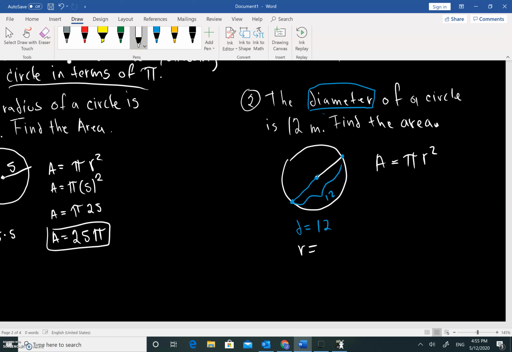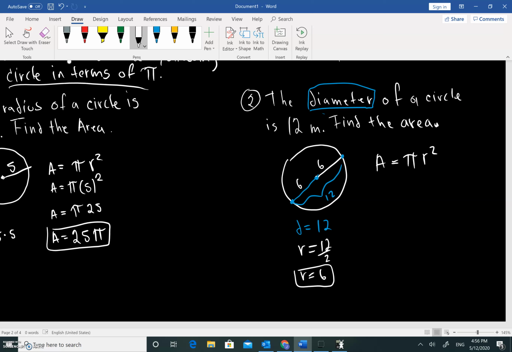So what is r based on the fact that the diameter is 12? Well, that means that my r has to be 6, right? Because the diameter is twice the radius. In a way, it has 2 radii in its distance. So r has to be 12 divided by 2. So r is equal to 6.